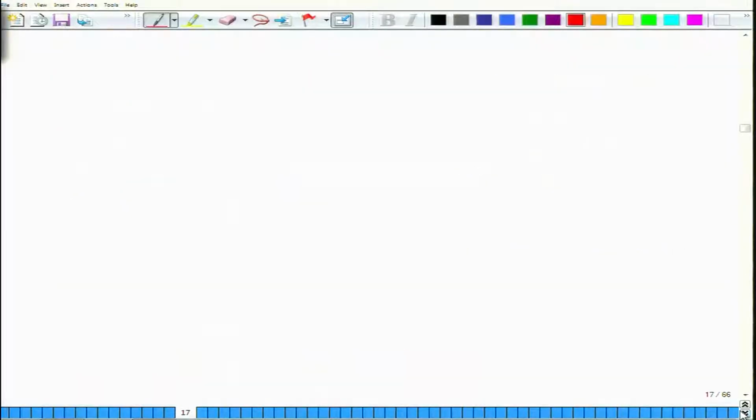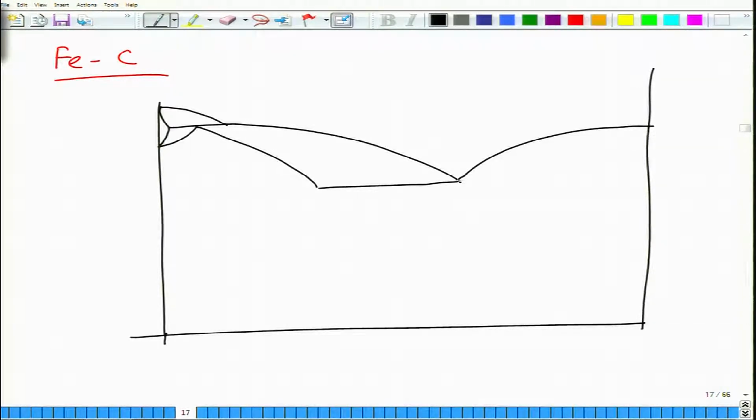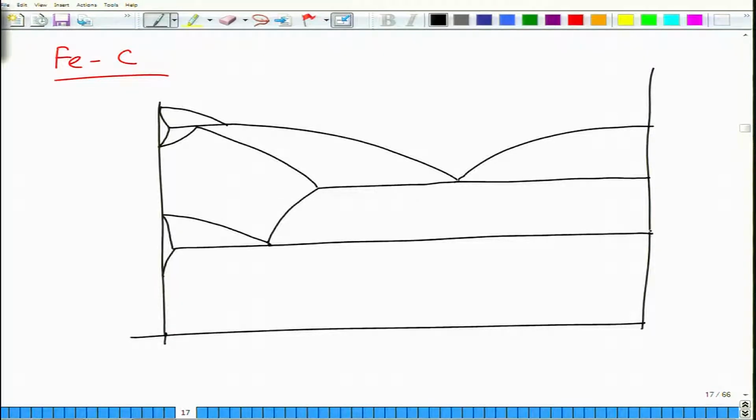For example, your iron carbon phase diagram, as I drew earlier also: you have a peritectic reaction on this side, and then you have this eutectic reaction, then you have a eutectoid reaction. So this is what you will have in the iron carbon diagram.